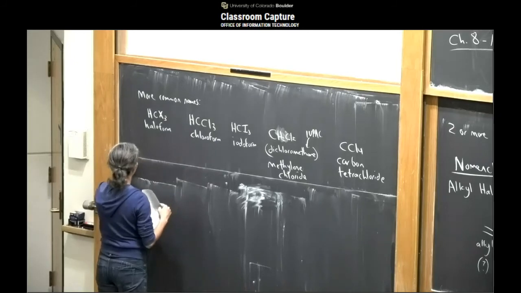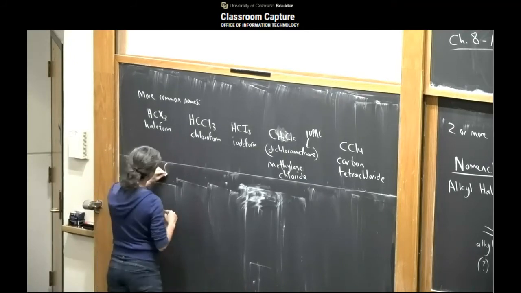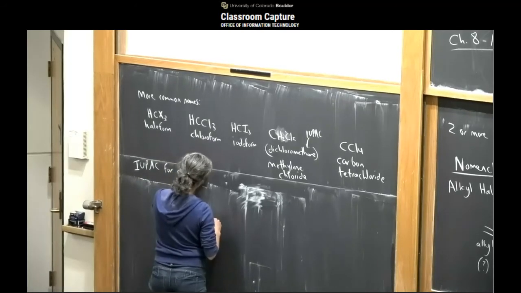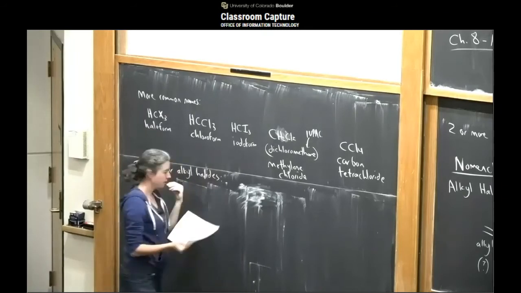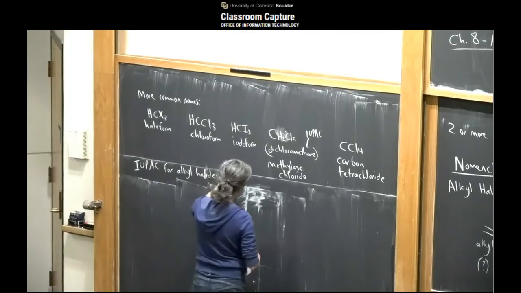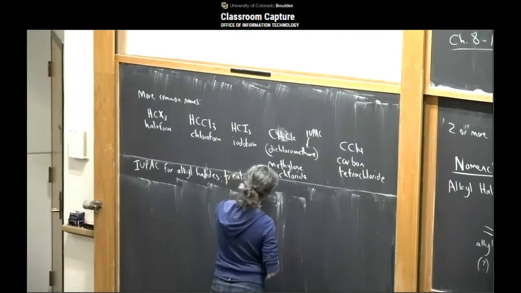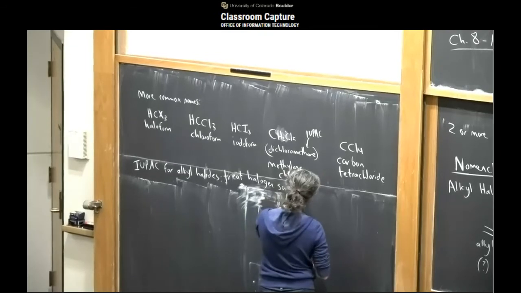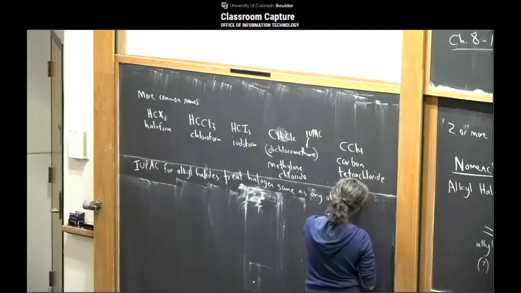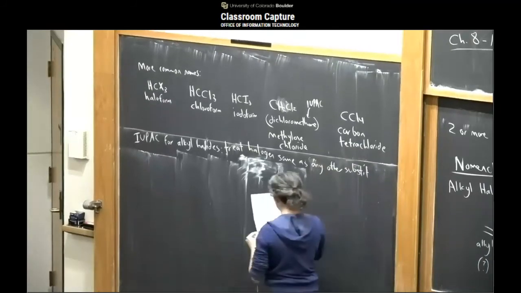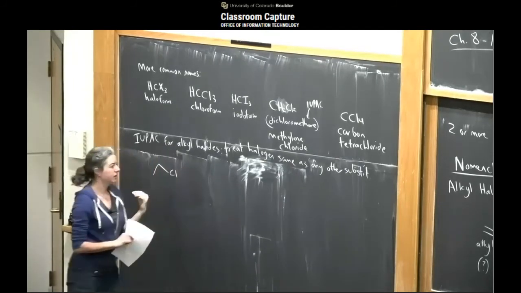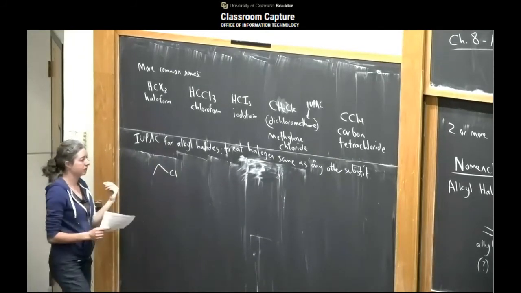So real quick, in the last few minutes that I've got left, the IUPAC naming for these is super easy, and we've actually already covered it. We just treat the halogen as any other substituent. Note that we're going to drop the 1 if there's only one possible location for that.